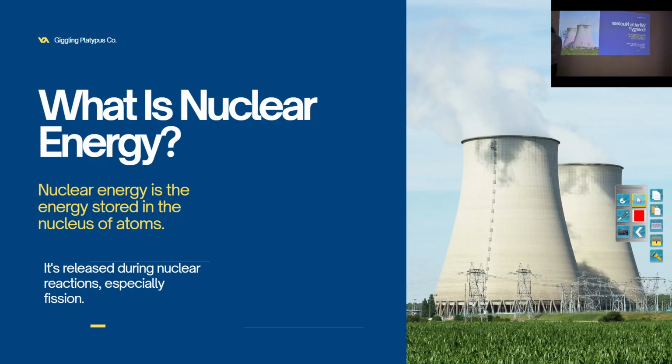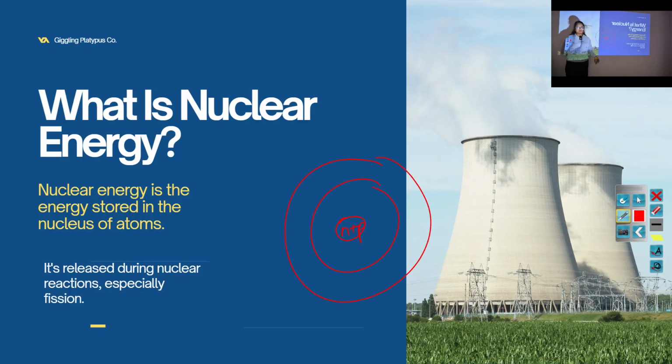Any atom has neutrons plus protons at the center, and around the nucleus there are shells, and electrons will be orbiting.